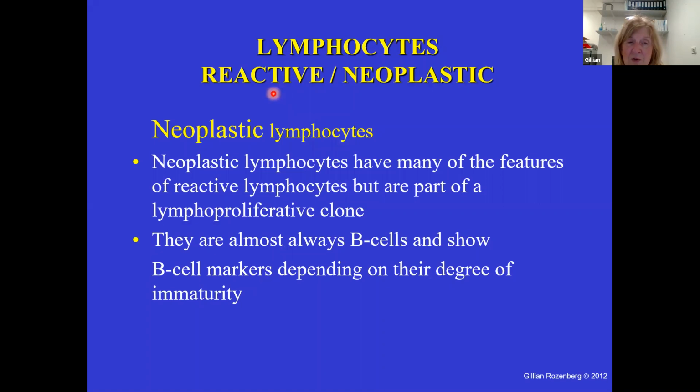So let's now go on to neoplastic lymphocytes. So neoplastic lymphocytes have many of the features of reactive lymphocytes, but they're part of a lymphoproliferative clone. They're almost always B cells, and they show B cell markers depending on their degree of immaturity. Of course, you do get T cell disorders, but they're T cell neoplasms, but they're much less common.